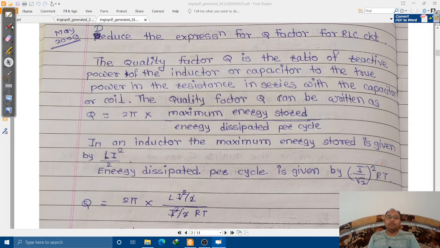Let us write this in terms of an equation. Q is equal to 2 pi multiplied by the maximum energy stored in either inductor or capacitor, divided by the energy dissipated per cycle by the resistor.